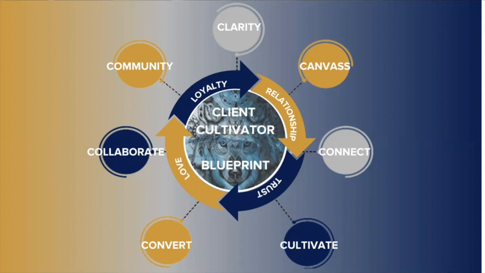So we start at the top with clarity, and this is all about you. It's about your message, your values, where you're coming from, your energy. And this is a very powerful area of personal development that we're going to dive into today.